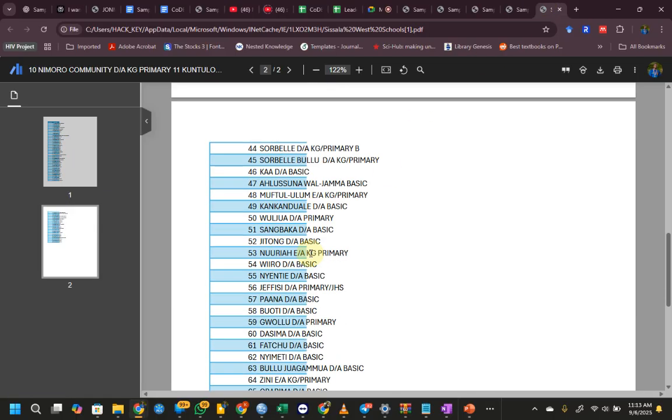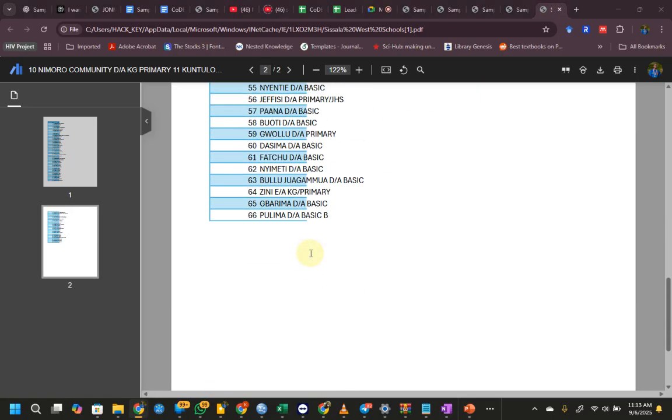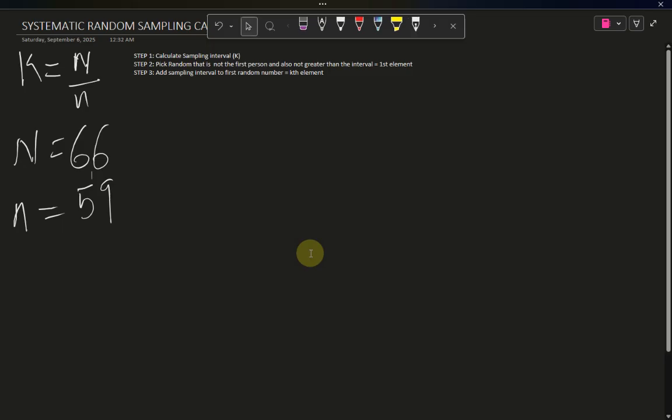Now that we have this information, we can calculate the sampling interval, which is K. So K will be equal to 66 divided by 59. What will be the result of this?